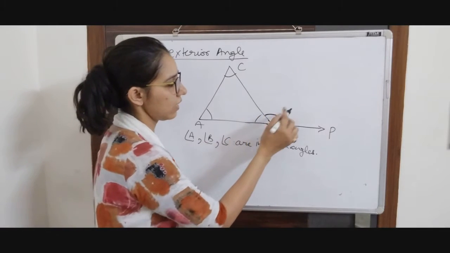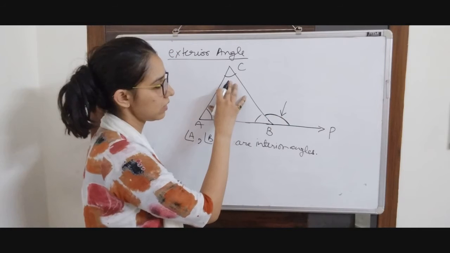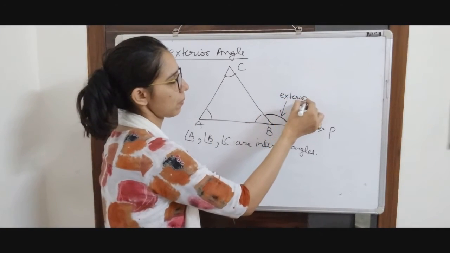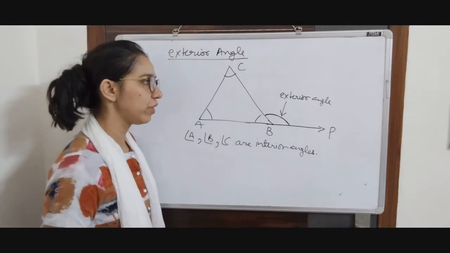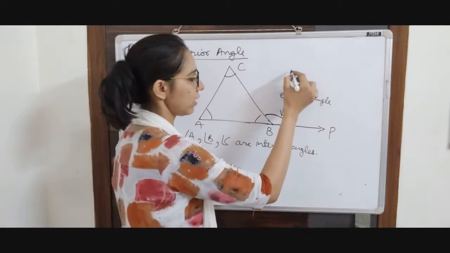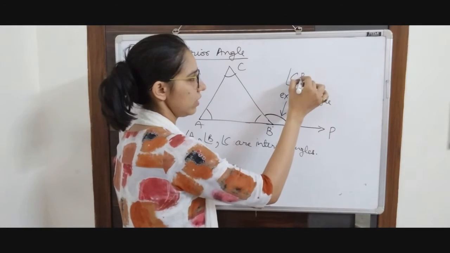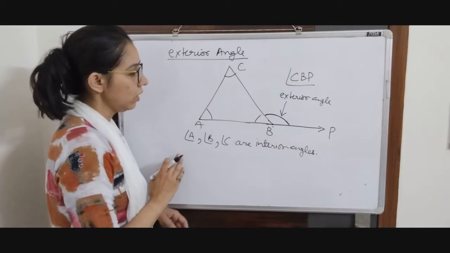This angle formed by the triangle will be an exterior angle. And the name of this angle will be CBP. This is an exterior angle.